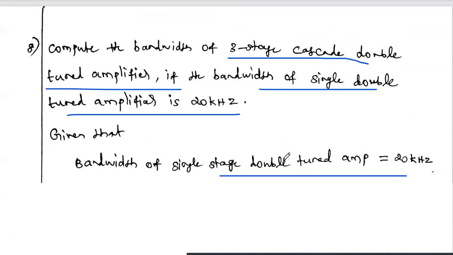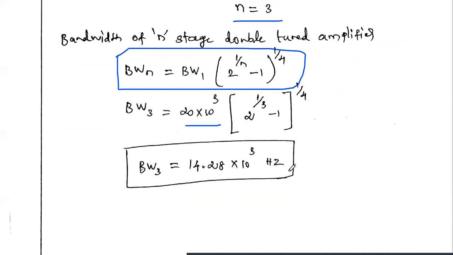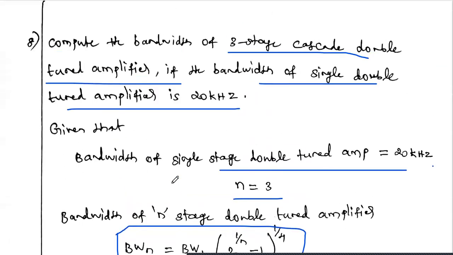So the bandwidth is reduced from 20 kilohertz to 14.28 kilohertz. These are some of the important 2-mark problems from the tuned amplifier. This topic is taken from the effect of cascading single tuned amplifiers on bandwidth and the effect of cascading double-tuned amplifiers on bandwidth.